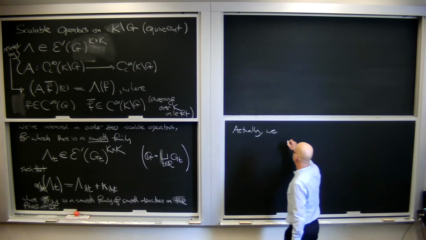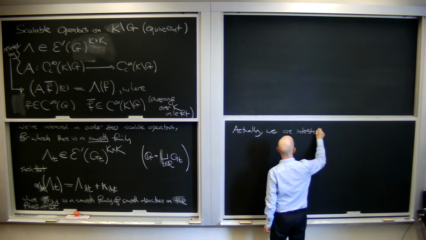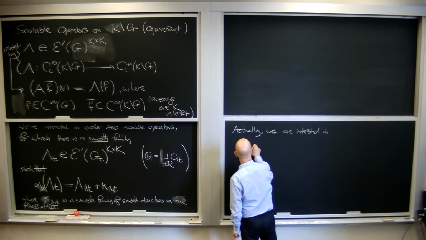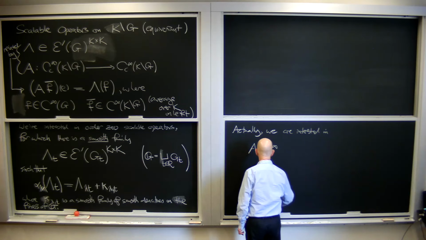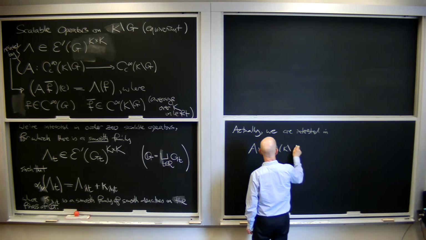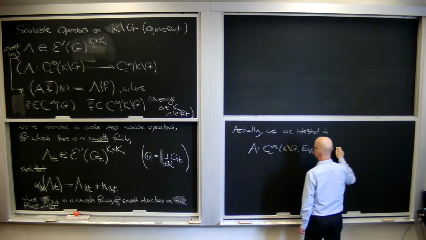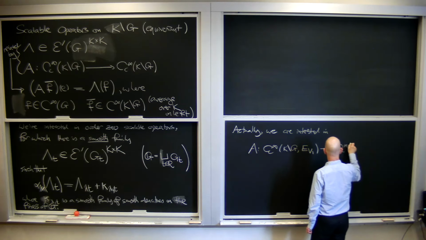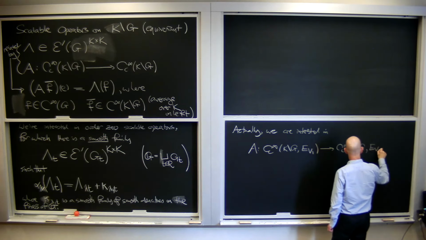All right, and so we're interested in a small fancification of this, in which we have equivariant vector bundles, Hermitian vector bundles over the symmetric space, E_V1 and E_V2.